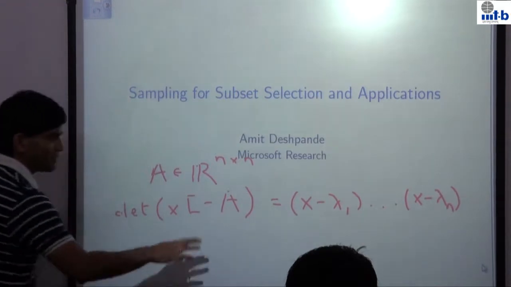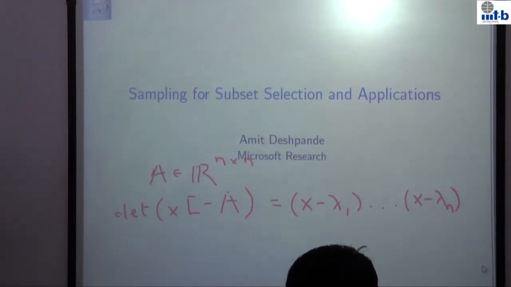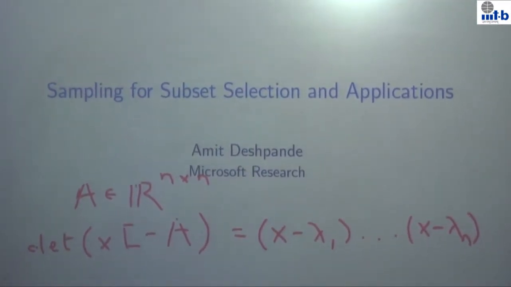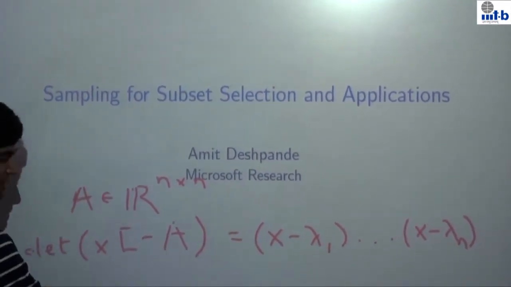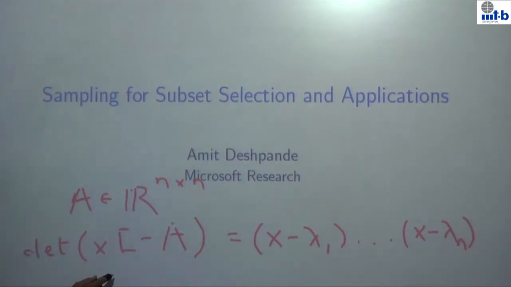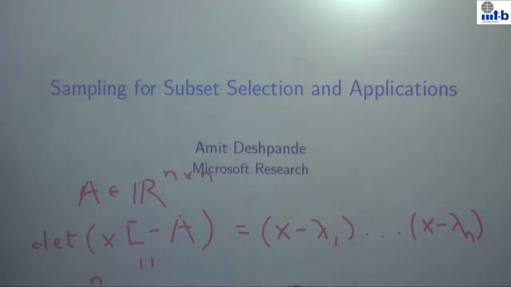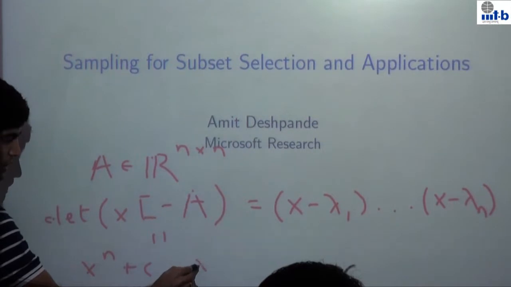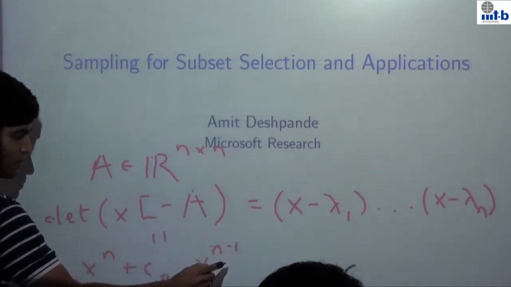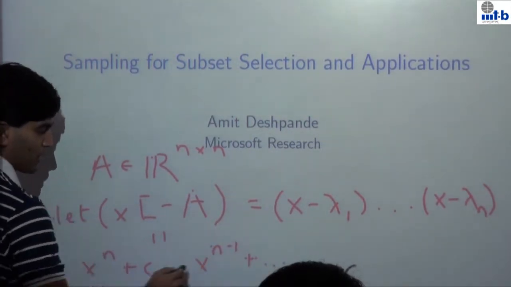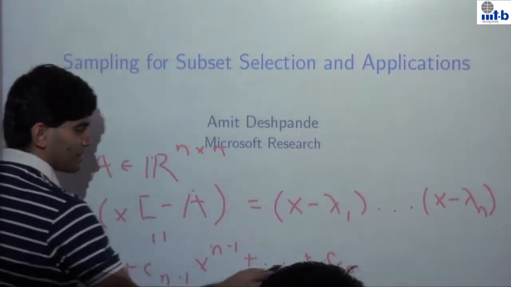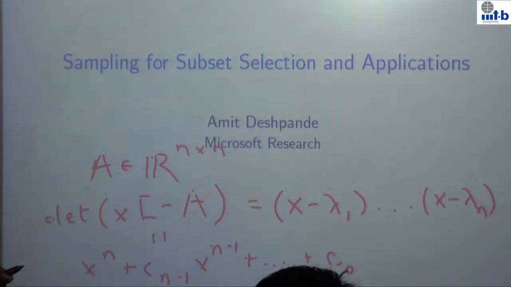This is something that we learn in a basic linear algebra course. There are some extra things that we can find out about the coefficients. This polynomial is of degree n. You can also write it as x to the n plus c_{n-1} x to the n-1 plus c_{n-2} x to the n-2, and so on, up to c_0. This writes the polynomial in terms of its coefficients.